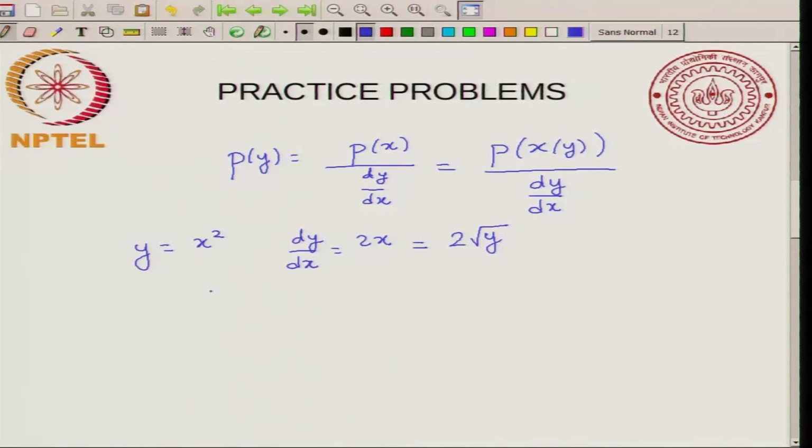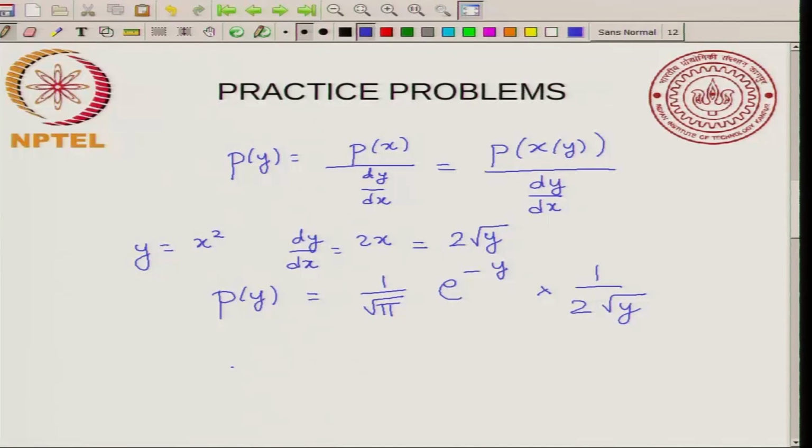And so, I can now write p of y. What I have is 1 over square root of pi, and e to the minus x square is nothing but e to the minus y, and then I have to divide this by this derivative, so it should be into 1 over 2 square root of y.